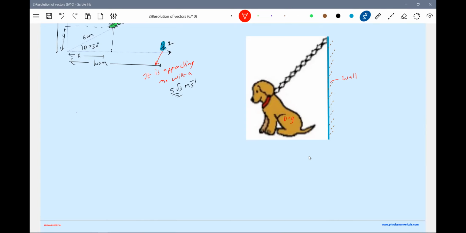Then what are the forces, sir? Can you show the forces? Yes, here the force will act in this direction. Here it will be like this. Later, in the laws of motion, you are going to learn why the forces will be in this direction. So let this be theta. Let me define it this way. Then what is the horizontal force exerted by the chain on the dog? It should be F sin theta.